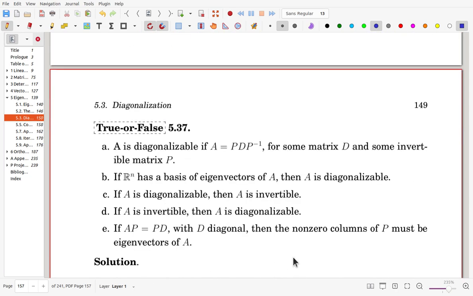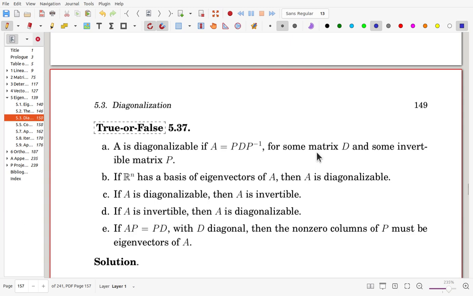Okay, we have here now true or false problems. A is diagonalizable if A is PDP inverse for some matrix D and some invertible matrix P. Is it true? It's false.